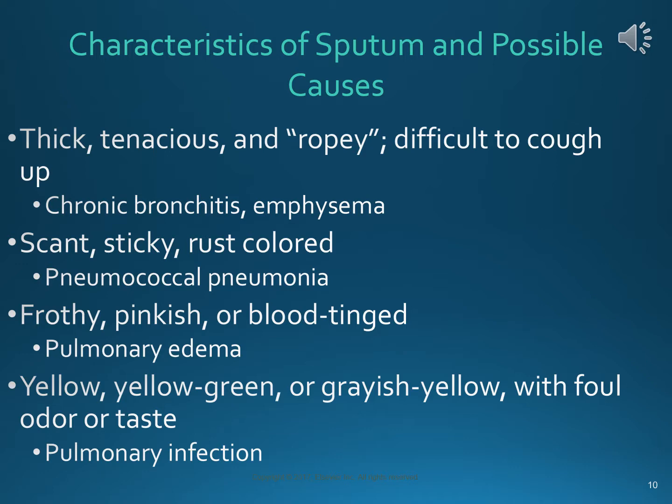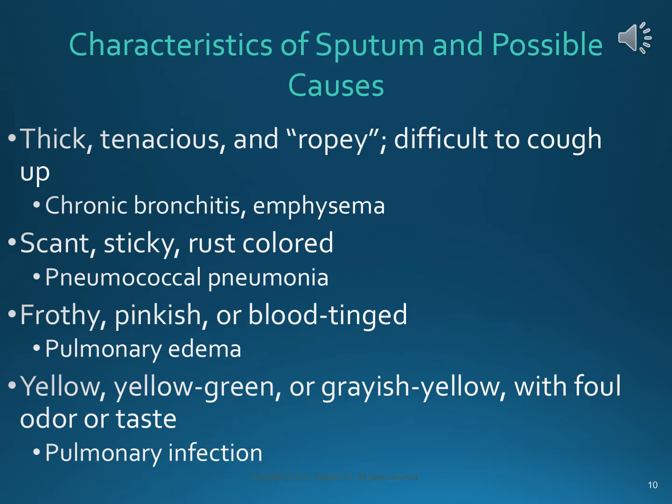People who have scant amounts of really sticky, kind of rusty colored sputum can have pneumococcal pneumonia. Very frothy, pinkish blood-tinged sputum comes as a result of pulmonary edema, and quite often people are in a great deal of respiratory distress with this.